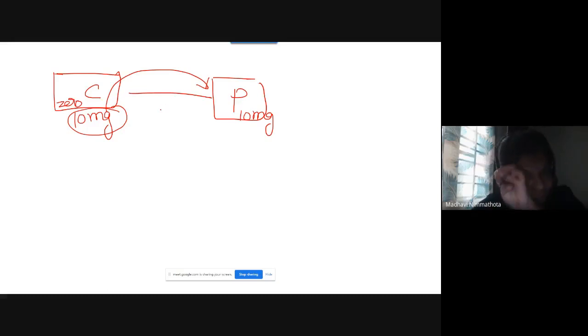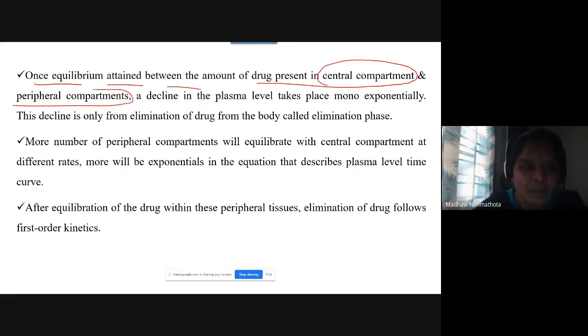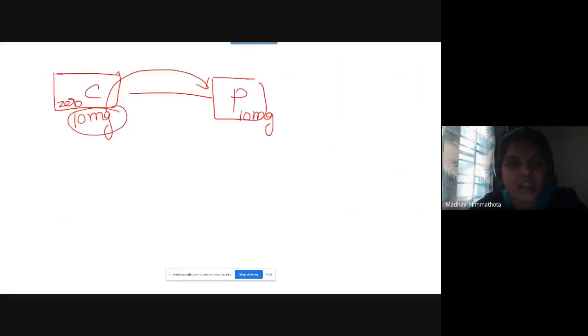But what it is saying in this sentence is: once equilibrium is attained between the amount of the drug present in the central compartment and the peripheral compartment. See here, we have 5 mg, and 2.5 mg is transported.